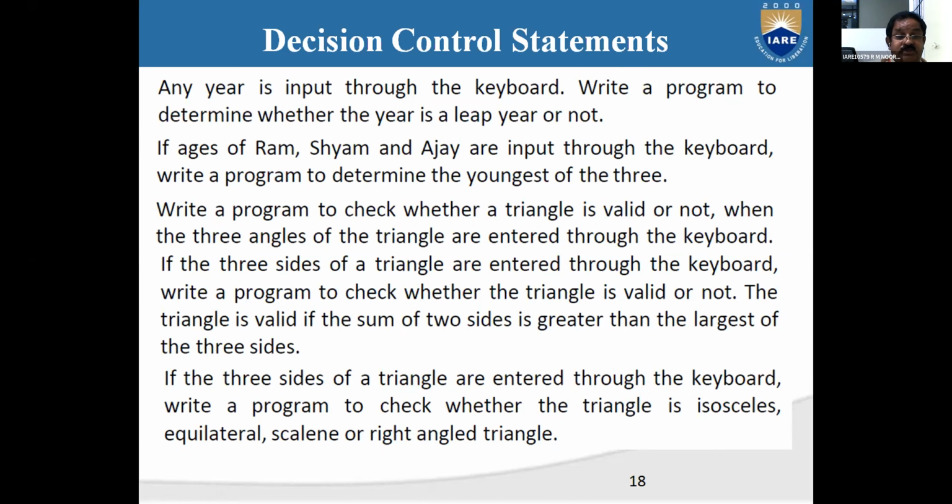What will be the input here? The angles of the triangle, let's call them A, B, C. It is valid when the sum of the angles is equal to 180. Yes, A plus B plus C. What control structure are you going to use here?